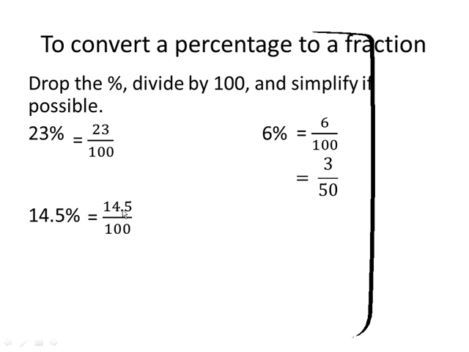So multiply top and bottom by 10 so you don't have any decimals left. Then divide and divide and divide until you get to 29 over 200 as your final reduced answer. Just remember that this is not really the point of our problems. Our problems are going to have us switching freely between these things, and the quickest and easiest way that you can accomplish that is what you're going to want to do.